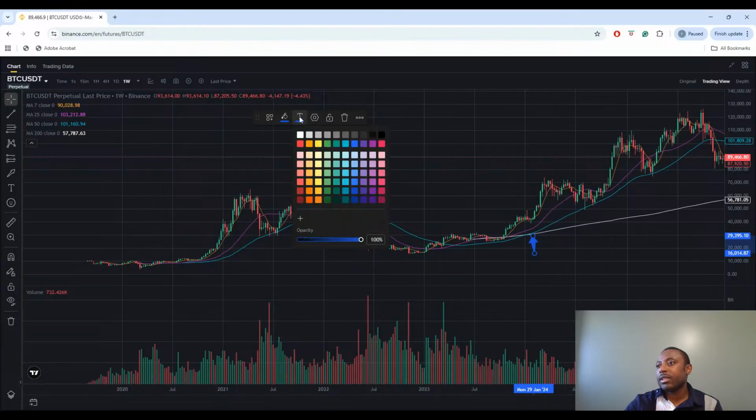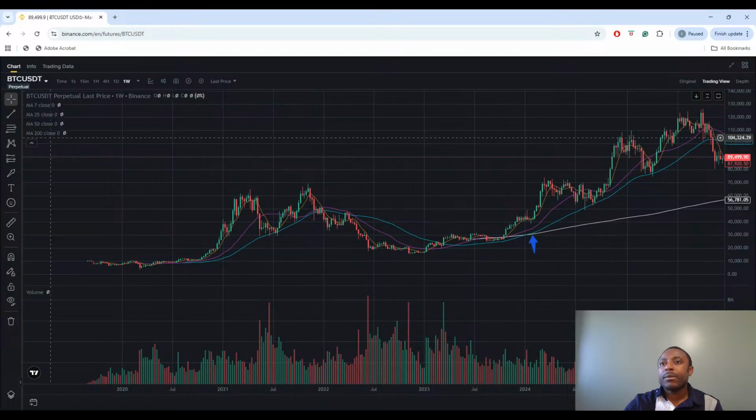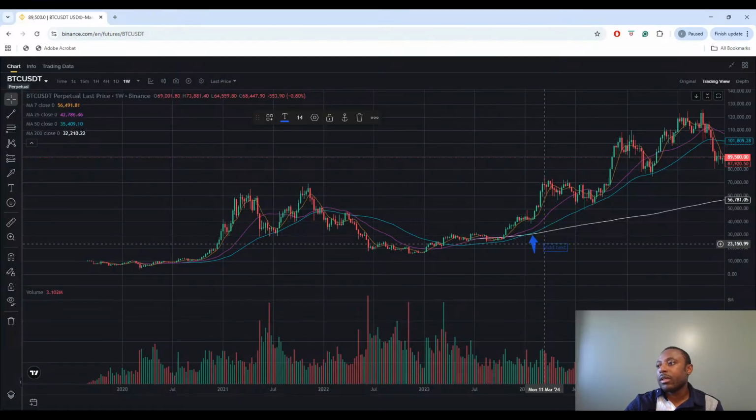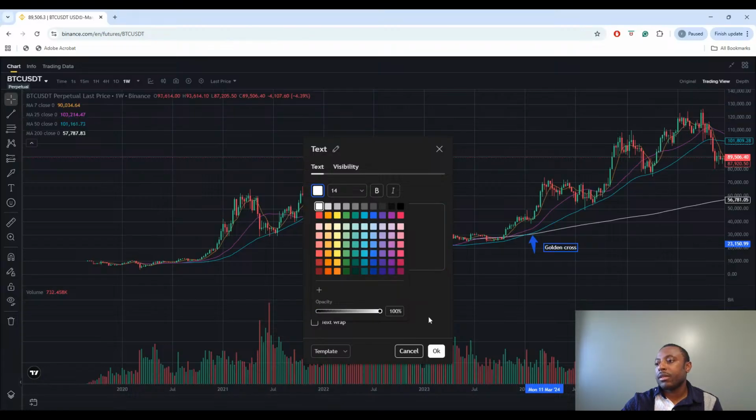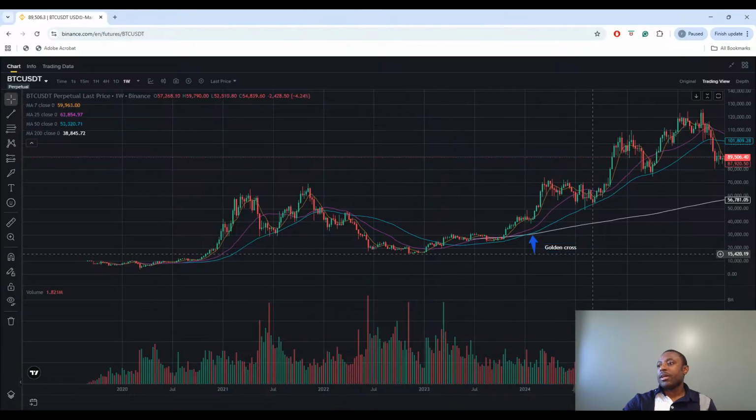You can add a text. So here you have your golden cross. Let's change the color to a brighter one. Yeah, that's a golden cross right here.